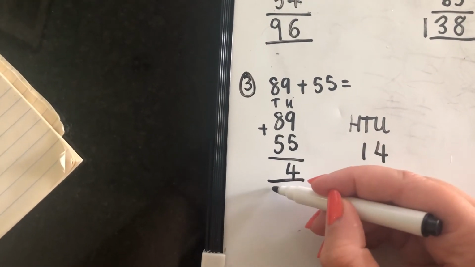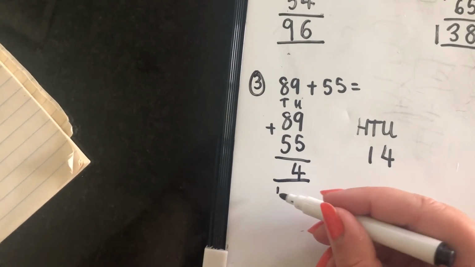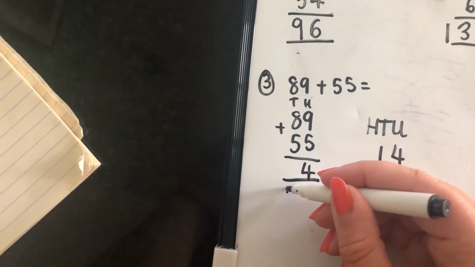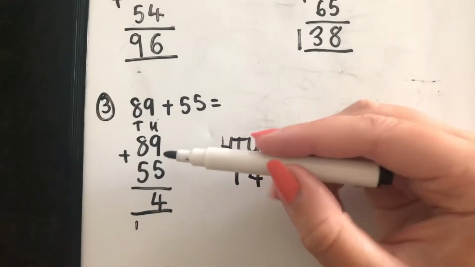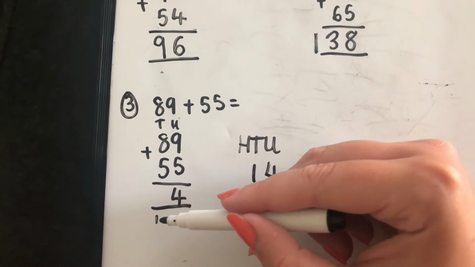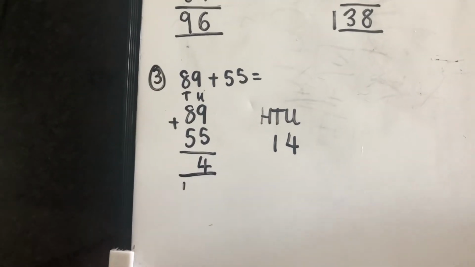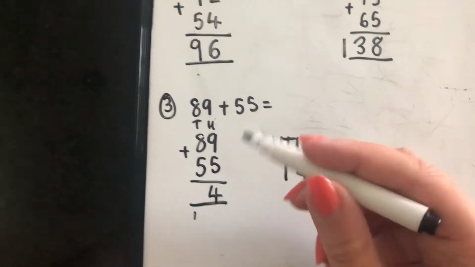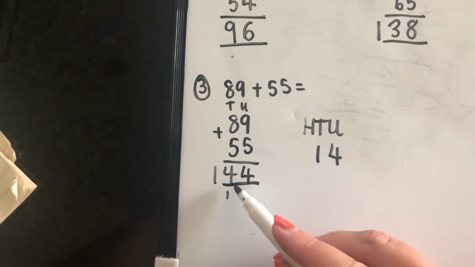So we're going to write it underneath, small, to carry it over and remind ourselves that we still need to add that 10. So 8 tens add 5 tens, and remember we've got one more 10. So what's our answer? 8, 9, 10, 11, 14 is our answer, so we're going to write 14. So we've got 144.